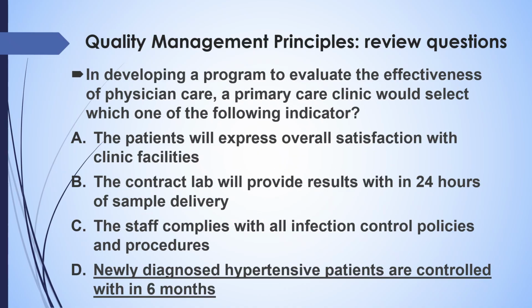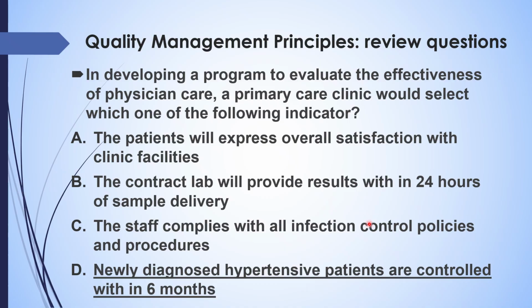In developing a program to evaluate the effectiveness of physician care, a primary care clinic would select which one of the following indicators? We are evaluating the effectiveness of physician care in a primary health clinic. The patients will express overall satisfaction. The contract lab will provide results within 24 hours. If the patients express their satisfaction, that is patient satisfaction. The lab is a different department.